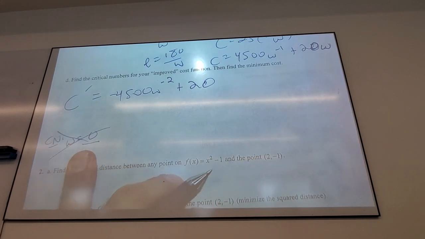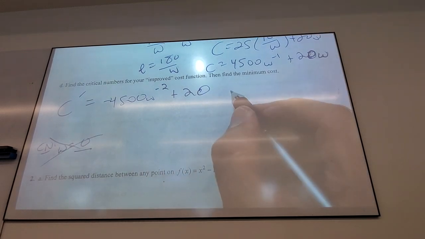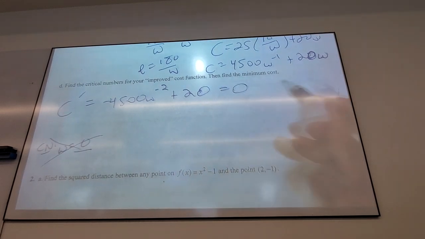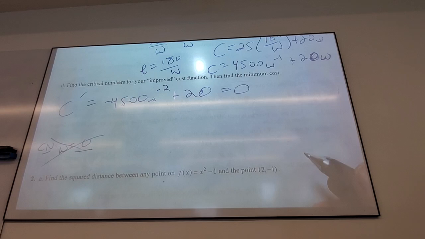So how do I find the other critical number? Set it equal to 0, solve for W. Exactamundo. How do I do that?